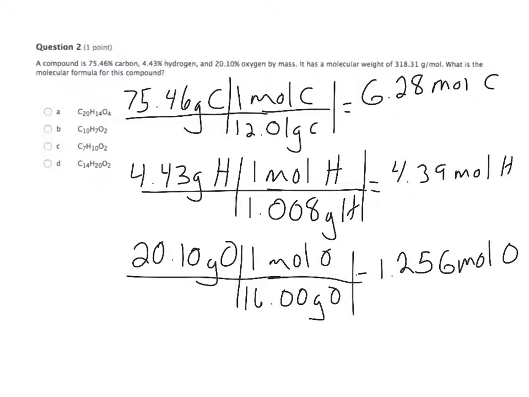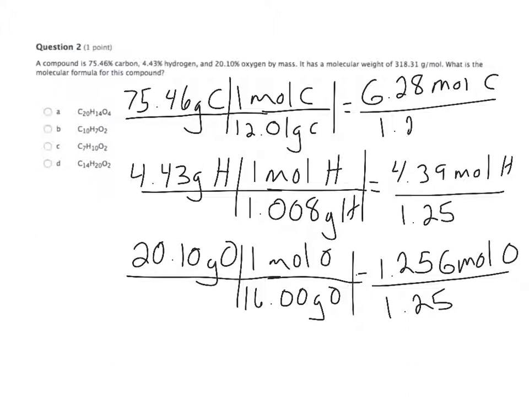And now I want to divide by the smallest one, which is the moles of oxygen, so 1.256. And I'm going to plug that in, so 6.28 divided by 1.256, and we end up with 5. And then 4.39 divided by 1.256, and we end up with 3.5. And then we end up with 1.